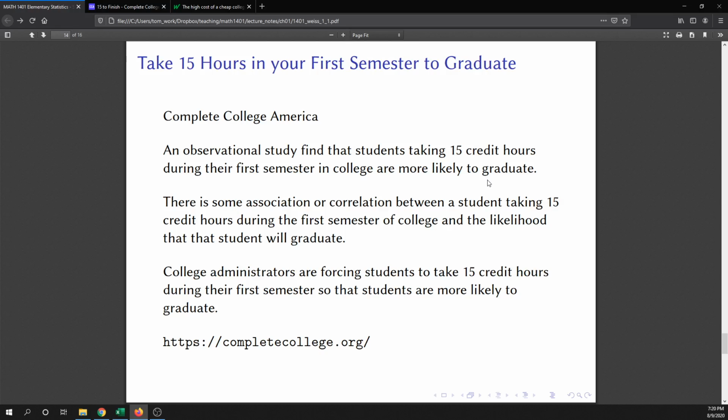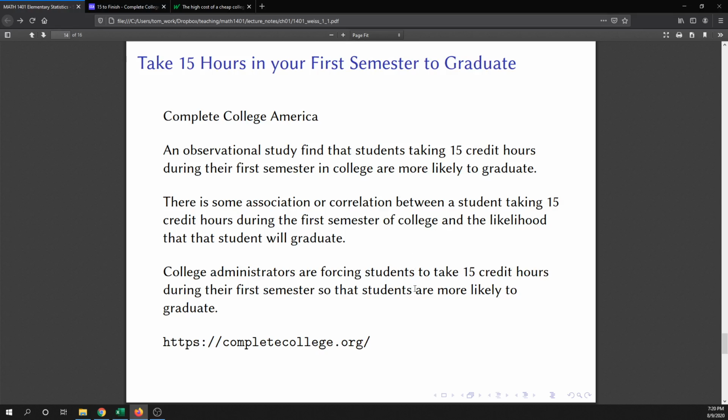It could be those other responsibilities that interfere with them taking college, and they just can't help it. They have to work to bring money home to their family, so they're not going to be able to take 15 credit hours, and that might interfere with their ability to complete the degree as well.